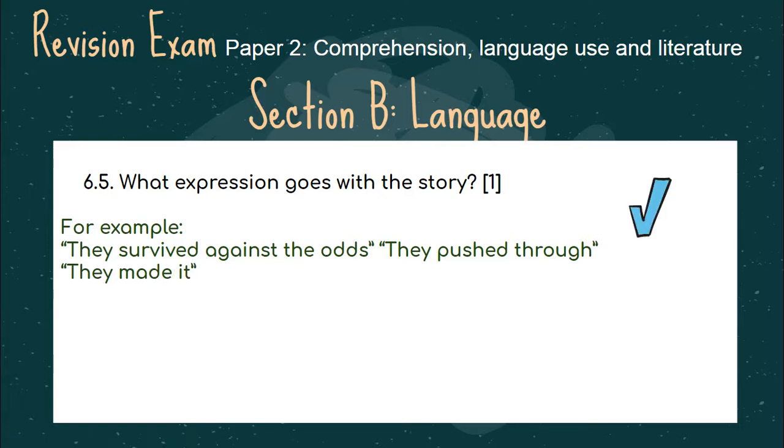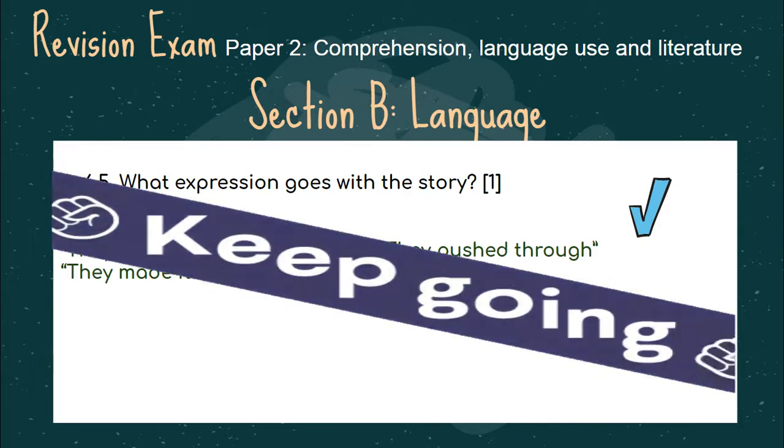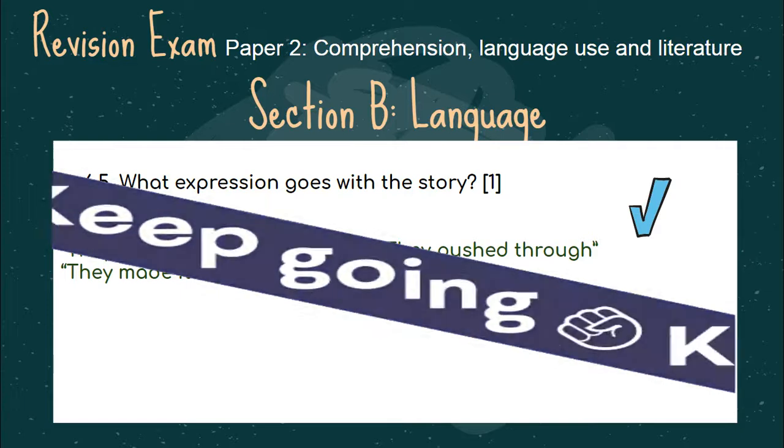So if you have another expression, remember an expression is a common phrase, it's colloquial, it's something that we use when we speak. It might not be understood by someone of a different language, or it's something that we traditionally use like an idiom. So if you've mentioned an idiom and it has to do with the story, then you can give yourself a mark, even if it's not one of these. All right, we're very, very near the end, so let's just keep pushing through.